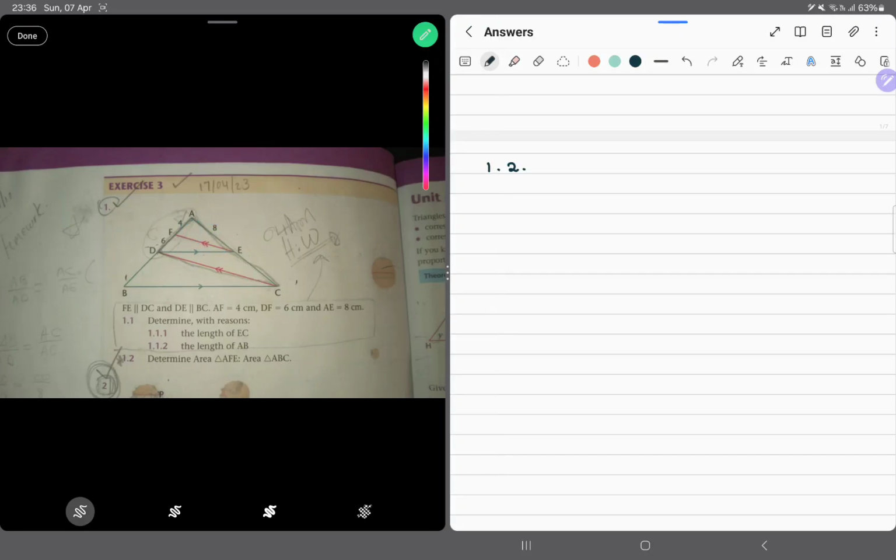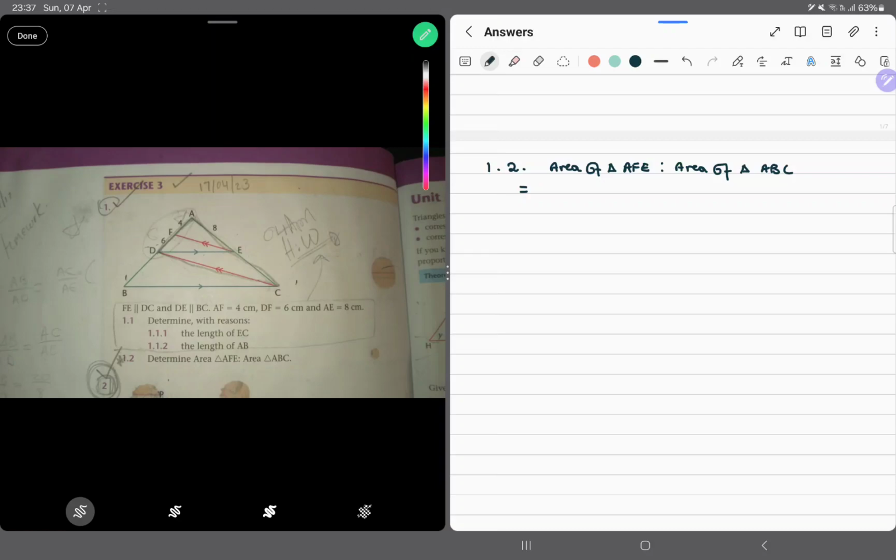Because of that common angle A, we can do that. So we can say area of triangle AFE divided by, once you see this it means a ratio, and a ratio is when you divide, so divided by area of triangle ABC.